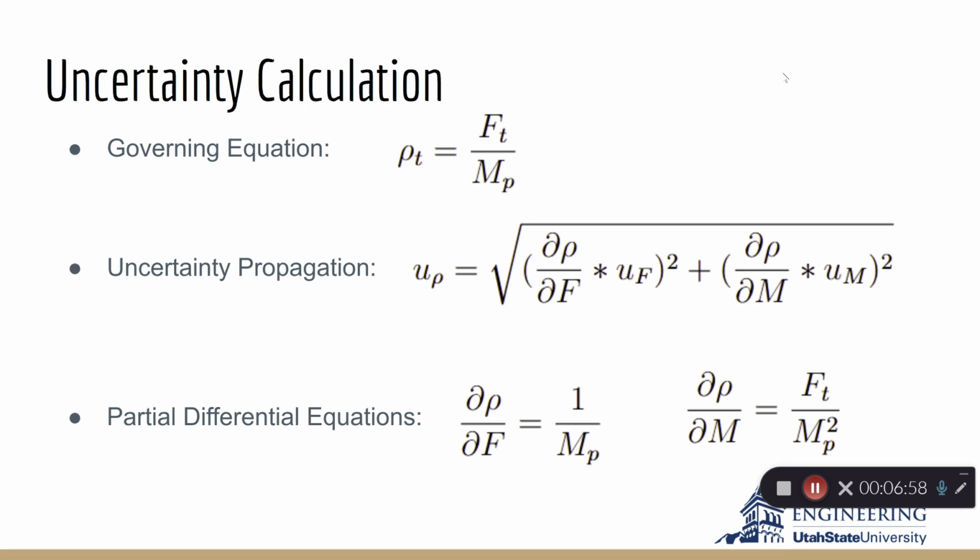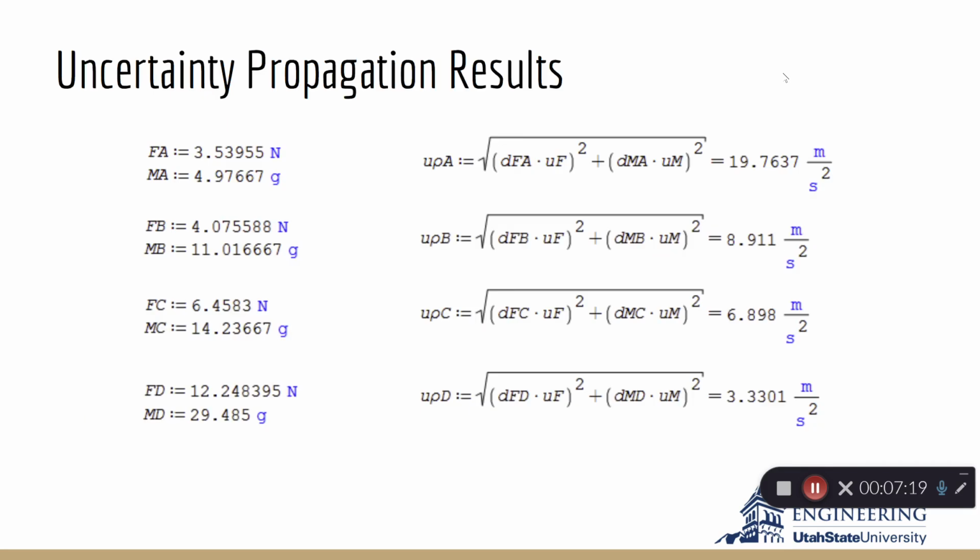To calculate uncertainty, we first need to identify the governing equation, where thrust density is the average thrust over the mass of propellant. We calculate the partial derivatives of thrust density with respect to force and mass. These partials are used in the uncertainty propagation equation.